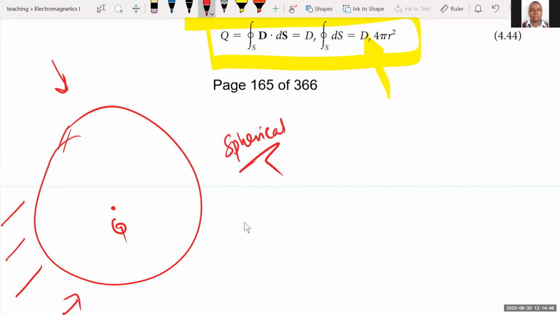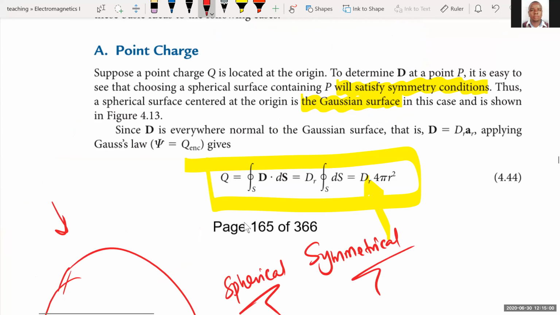So selecting spherical symmetry was the first step. We have said that a point charge is best described by a spherical surface containing P.